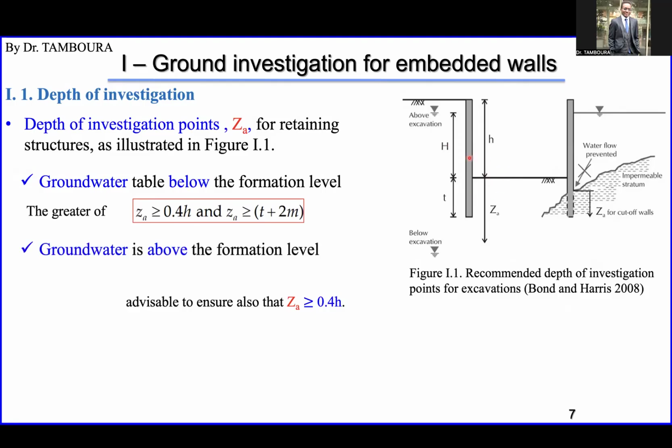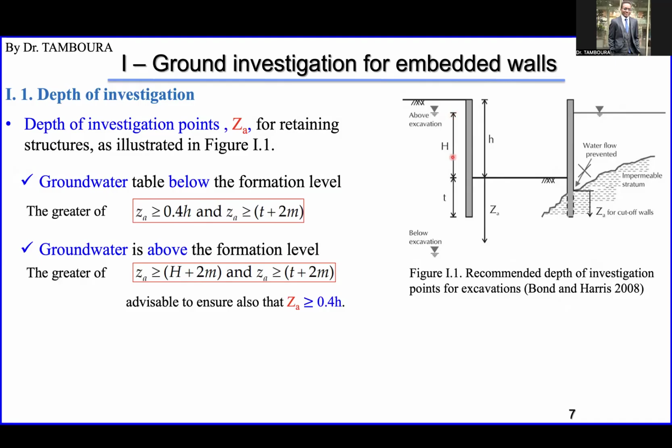Next, when you have the case where the water level is above the excavation, like here, it doesn't have to be here, or here. It just has to be above this excavation. In that case, ZA needs to be H. What is H now? H is from the bottom of the excavation to the water level.